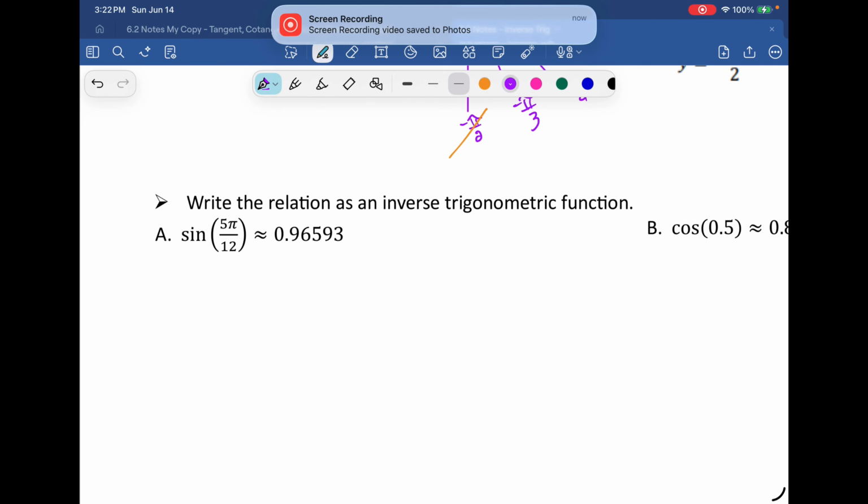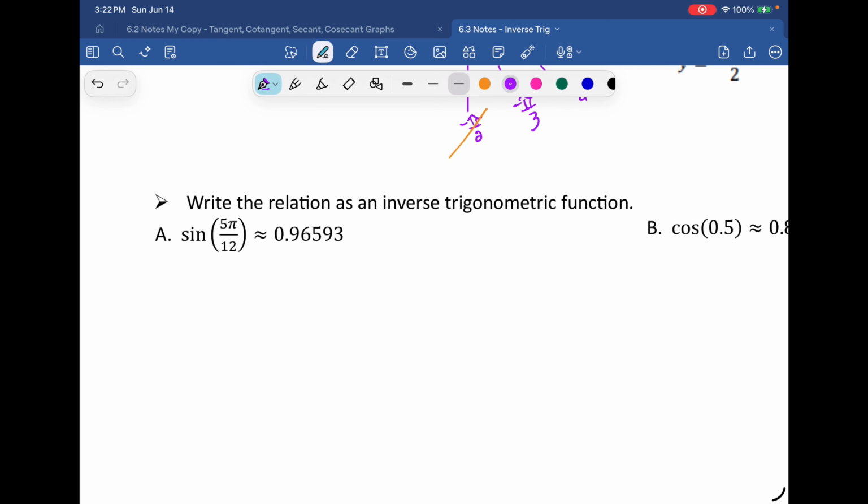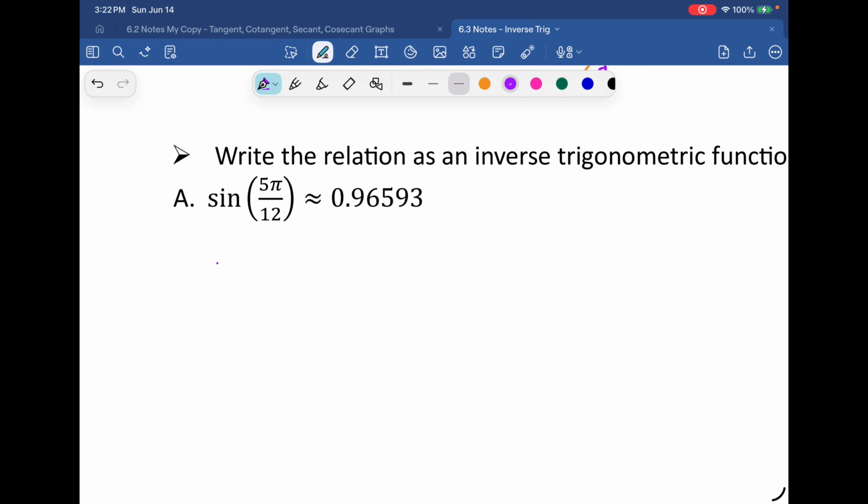All right, so in these two examples, we're rewriting as an inverse. Inverse sine goes inside as the ratio, and then we get the angle.